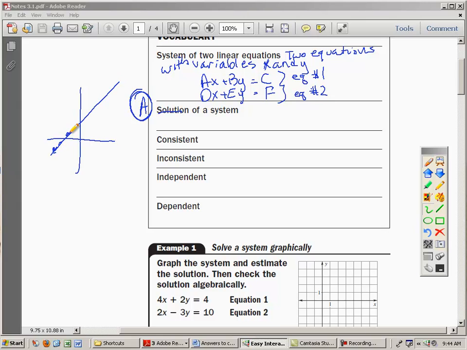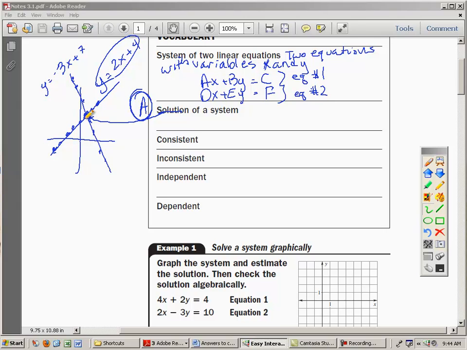Each of the ordered pairs on that line, for example, maybe that line is y equals 2x plus 4, satisfies this equation. If I have some other line, y equals negative 3x plus 7, each point on this line satisfies negative 3x plus 7. And the solution to the system is that one point that both lines have in common.